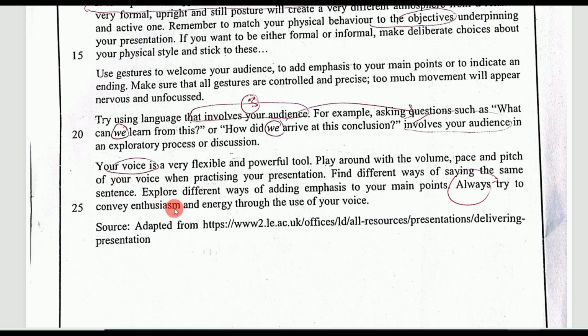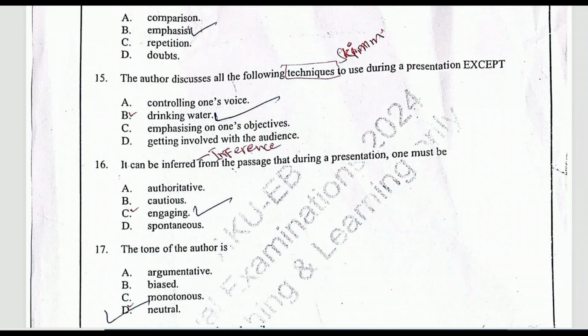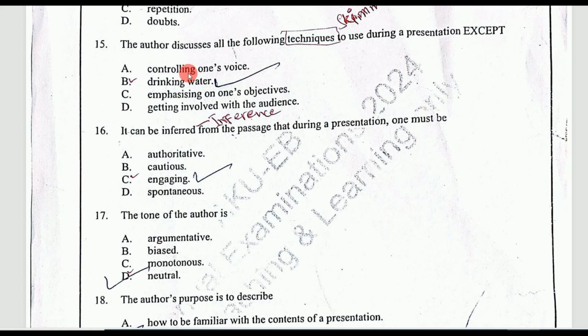Always try to convey enthusiasm and energy. So these are the techniques that the author is discussing in this passage. He's discussing control your voice. Obviously he's discussing objectives. Yes, he is discussing getting involved with the audience. But there is no mention of drinking water, so this is the exception, right?